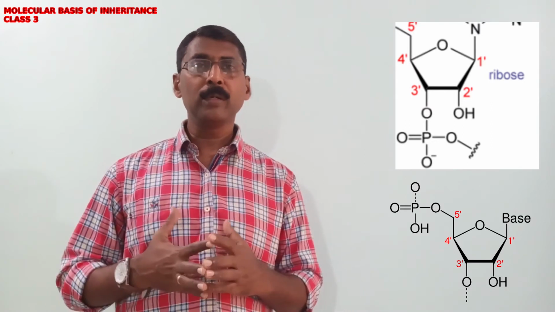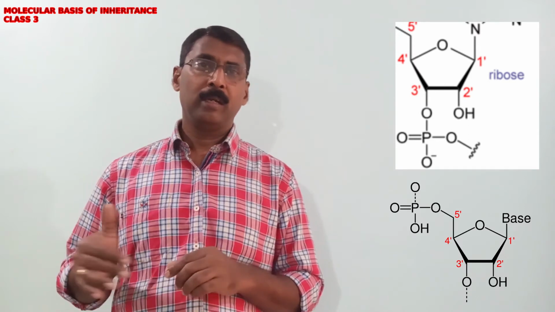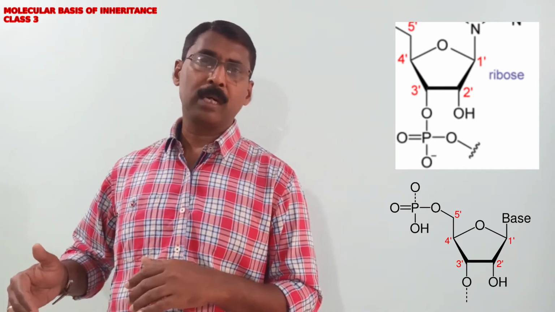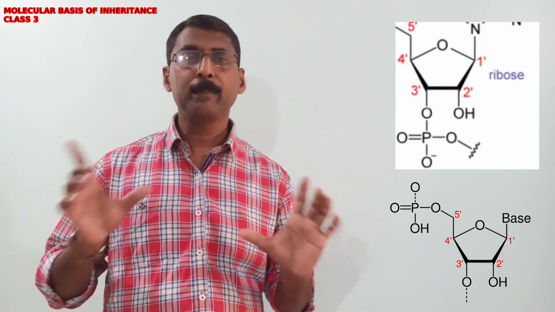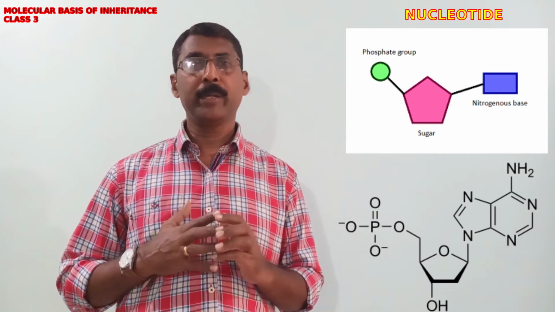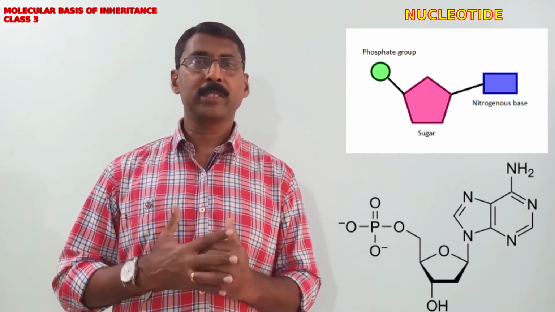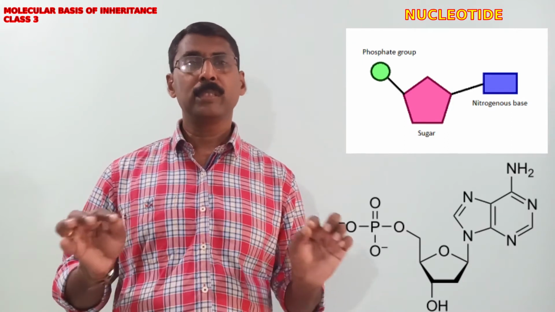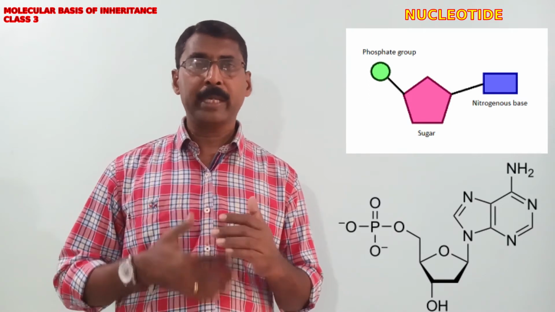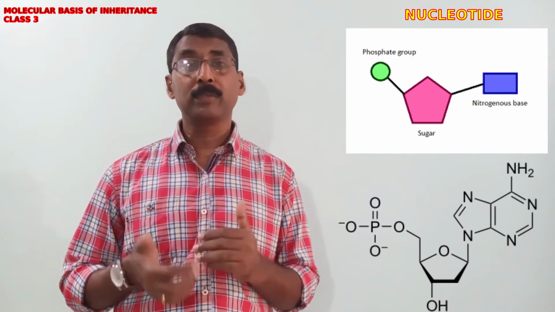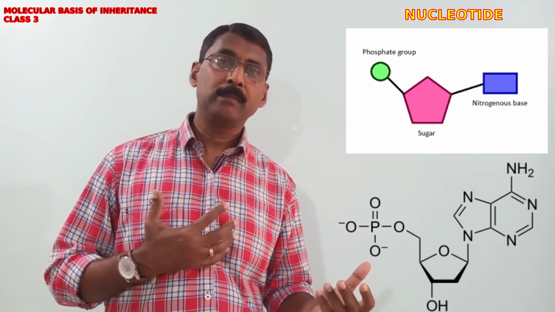So a sugar molecule combined with a nitrogen base at the first carbon atom and a phosphate group at the third or fifth carbon atom is called a nucleotide. The combination of all these three components results in the formation of a nucleotide. Again, based on the nature of the nitrogen base involved, the name of the nucleotide varies.